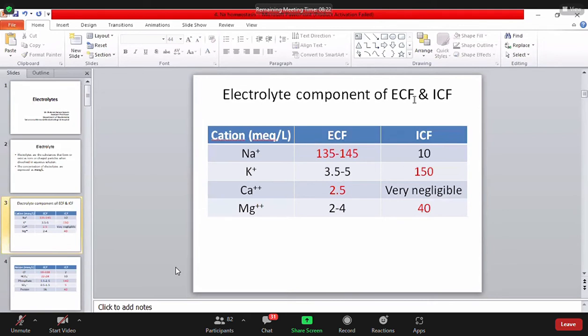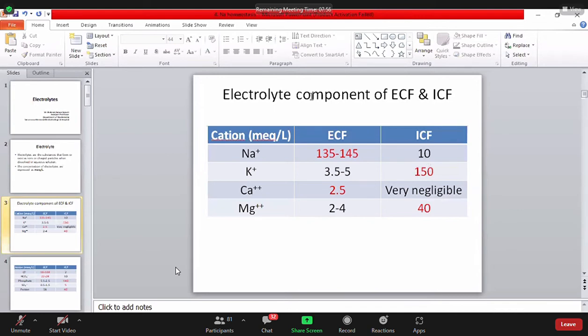Cation means positively charged ion. Major cations in ECF are sodium and calcium. The major cations in ICF, that is intracellular fluid, are potassium and magnesium. See, the concentration of potassium and magnesium is more in ICF than ECF, so they are major in intracellular fluid.